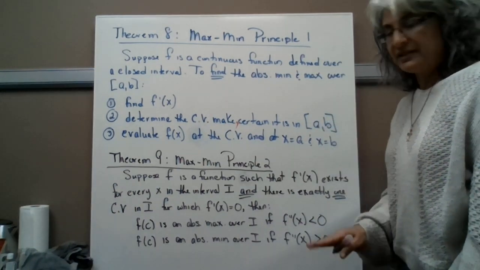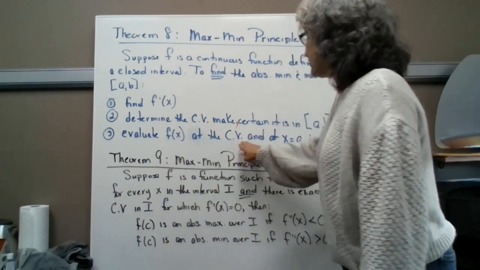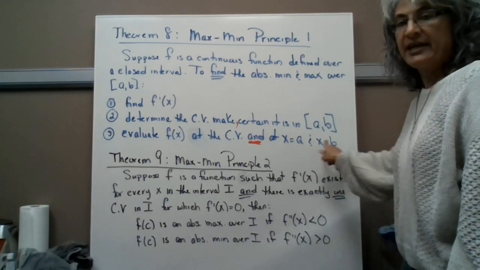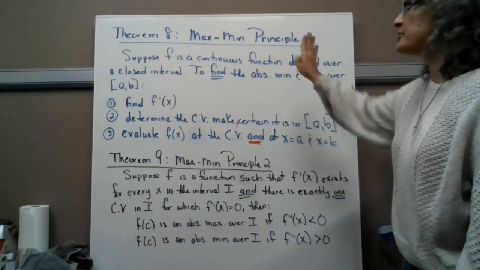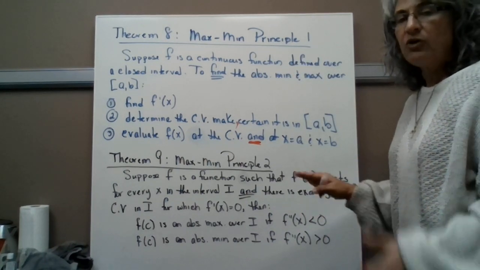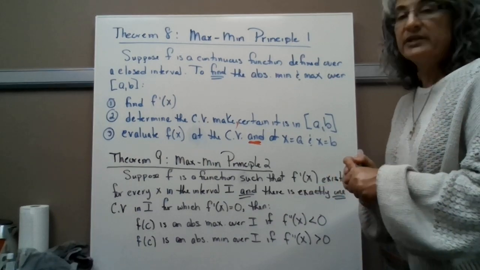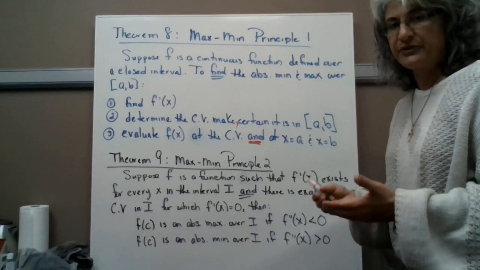And then lastly, you're going to evaluate the original function at the critical value and at the two endpoints, a and b. Okay? So this first principle almost sounds like that extreme value theorem that we were working with, which was the closed interval. There must be an absolute min and absolute max on that closed interval.